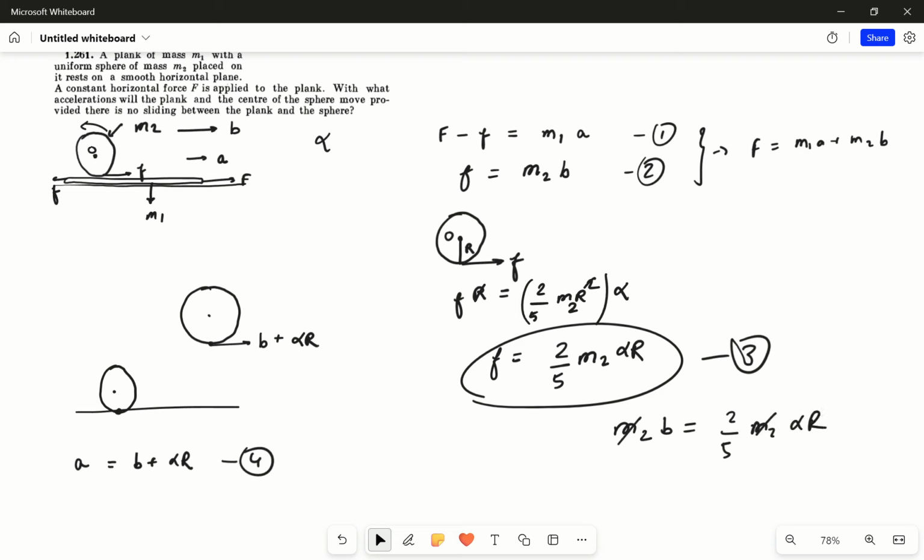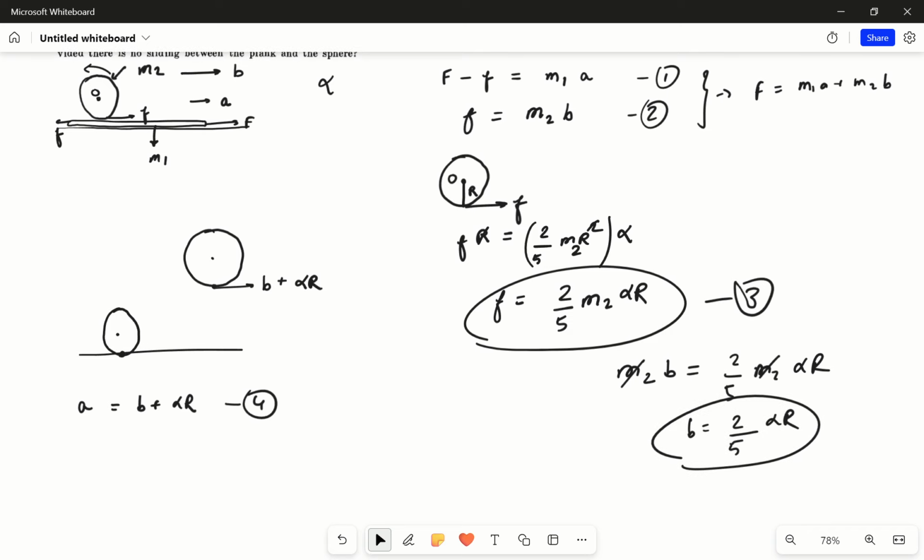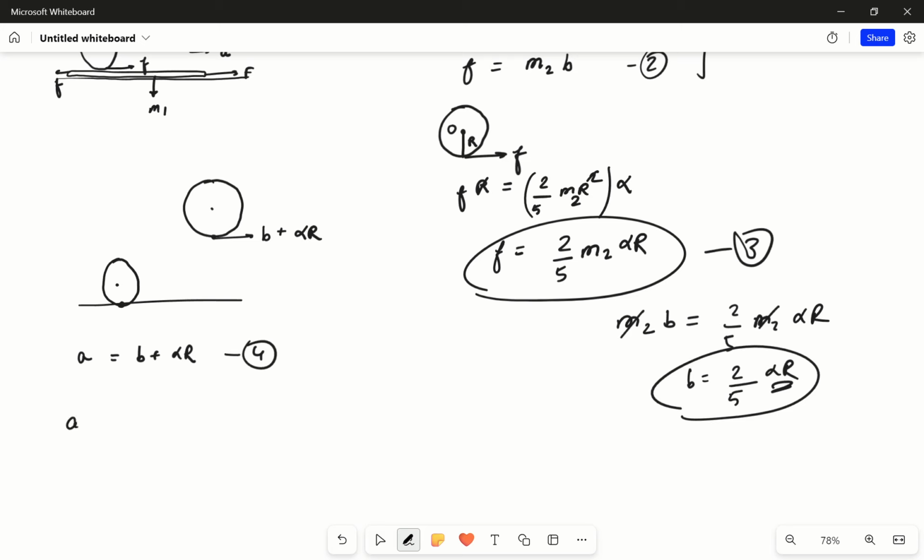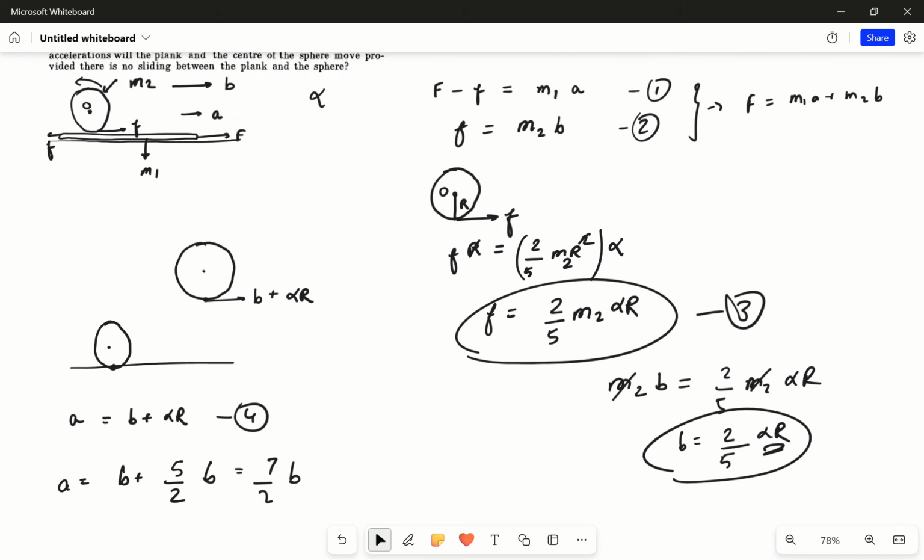So m2 cancels, and b equal to 2 by 5 alpha r. Now we can put the value of alpha r in the fourth equation, right? So a equal to b plus 5 by 2 b, which is equal to 7 by 2 b, right?